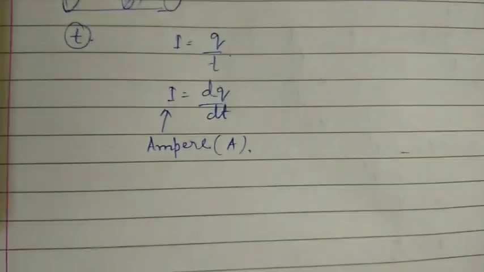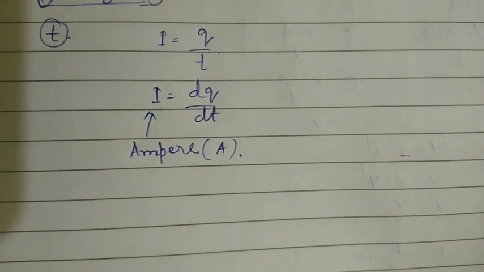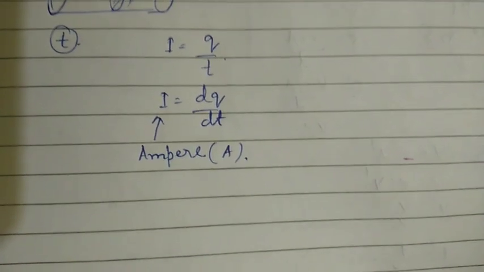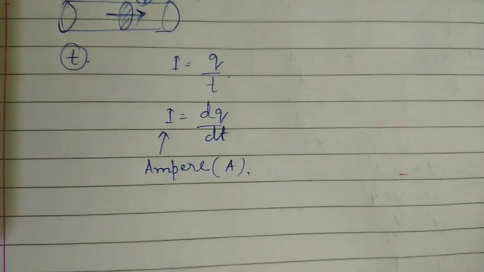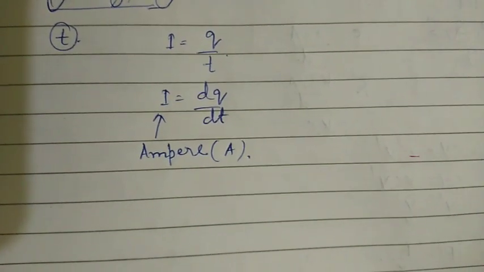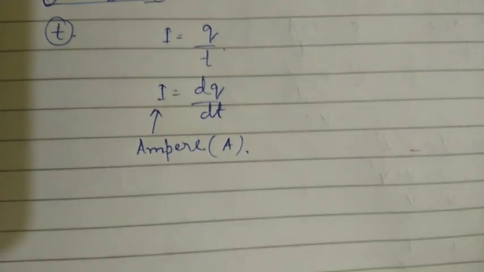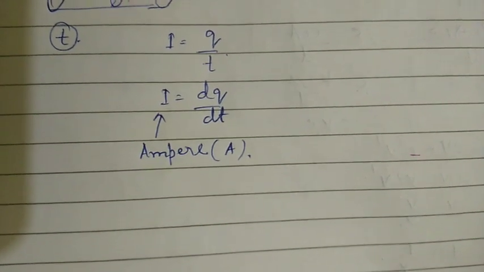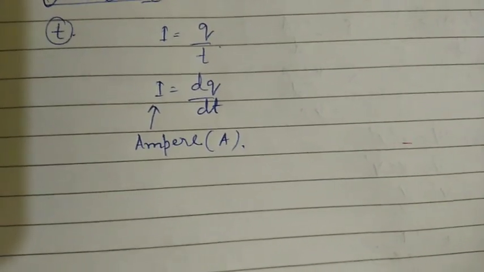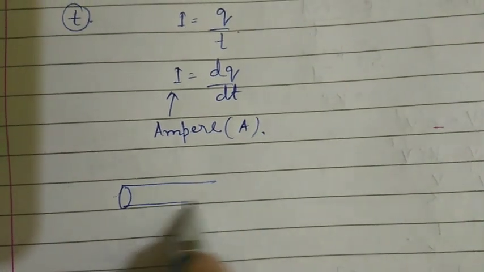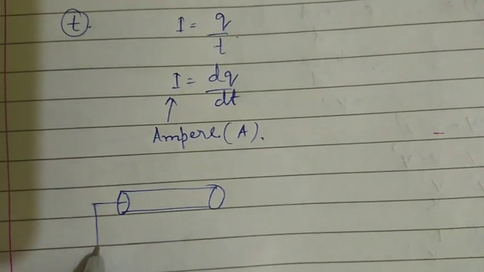So to move the charges or to get a current, we need to apply a steady potential difference. How do we generally provide that potential difference? Generally we connect some conductor across a battery. For a simple example, say this is your conductor, so we connect some battery.